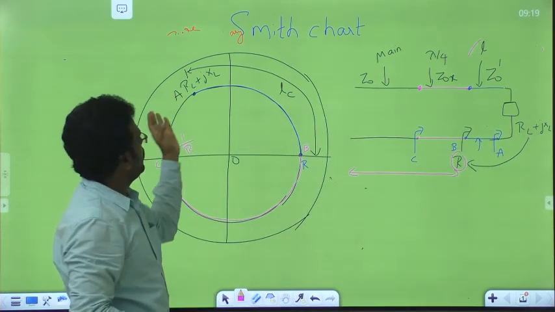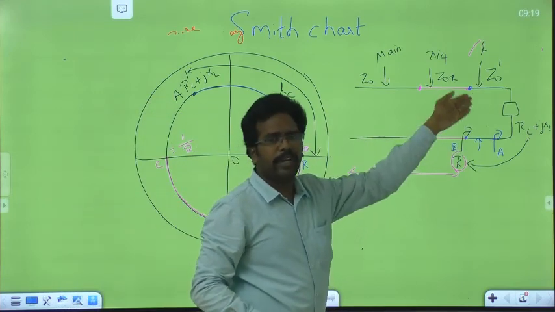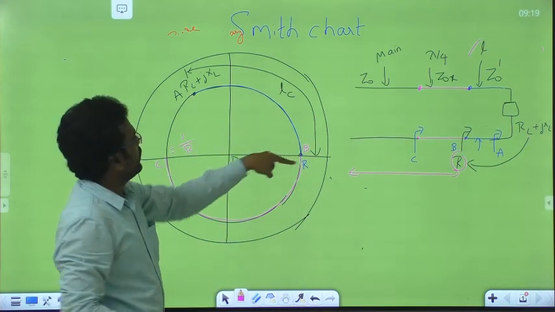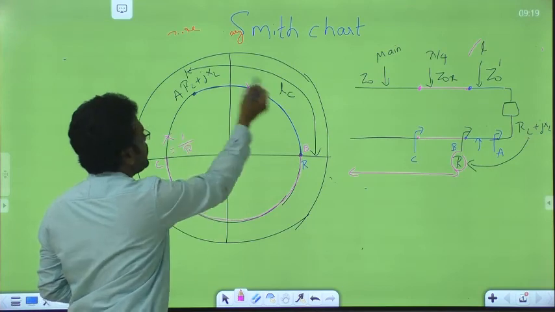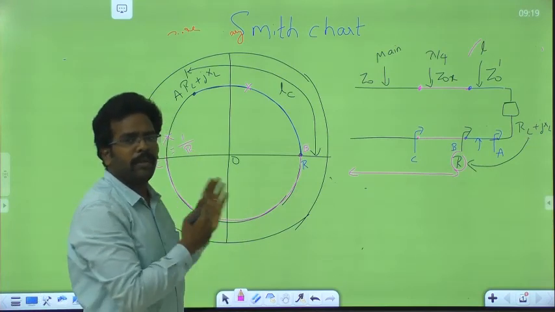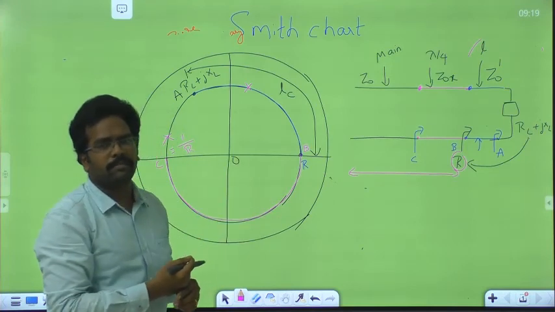Again, the location of this transformer varies depending upon the load impedance. If it is here, this is the length. If it is here, this is the length. Therefore, as the load impedance varies, you have to keep on changing the location of the transformer for impedance matching purpose.